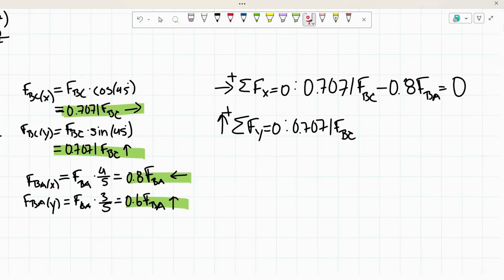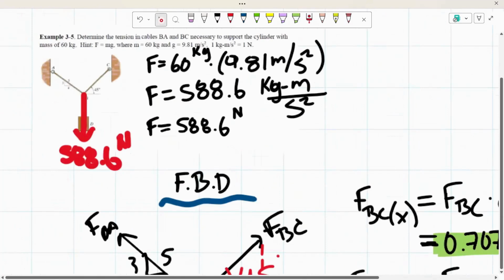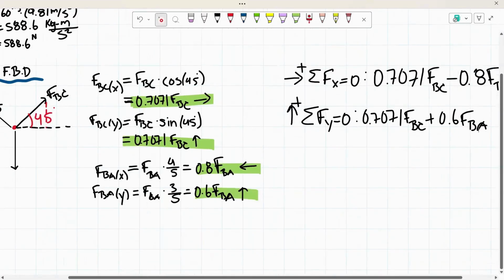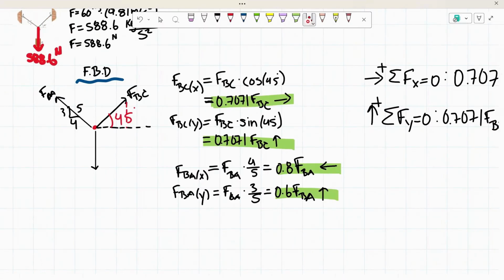Then we have our 0.6 force F of B of A going upwards, so that's another positive. And then remember, we didn't do anything to this force acting right here because it was already vertical. But now that we found the other two vertical components, we also have to include this one. Do not forget to include any forces that were already horizontal or vertical at the beginning.